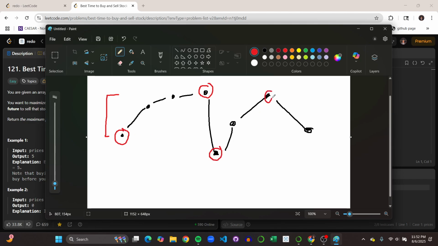In this case, it would be one of these two, though I didn't draw it too well. But there's also a constraint that the buying date must be before the selling date, which makes sense. So you can't have this gap here, right?